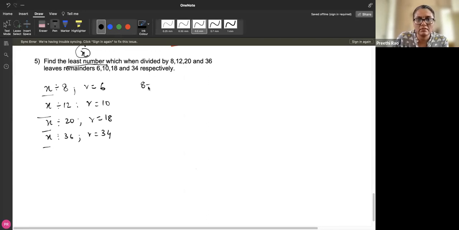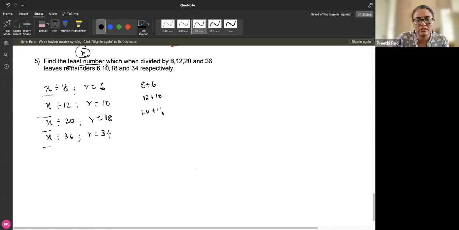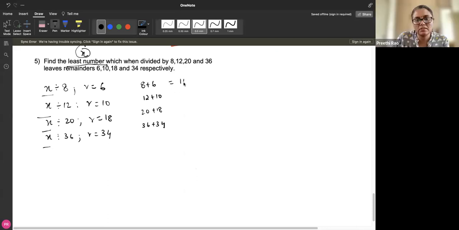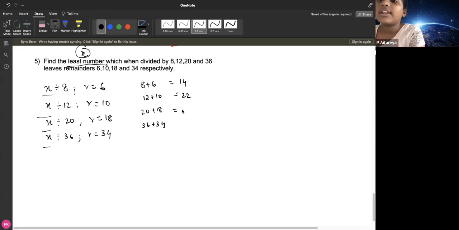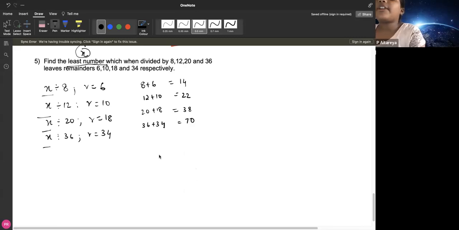8 plus 6, 12 plus 10, 20 plus 18, 36 plus 30. So what do we get? 8 plus 6 is 14, 12 plus 10 is 22, 38, and then 70. Ma'am, if we divide x by these numbers, then the remainder will be 0.